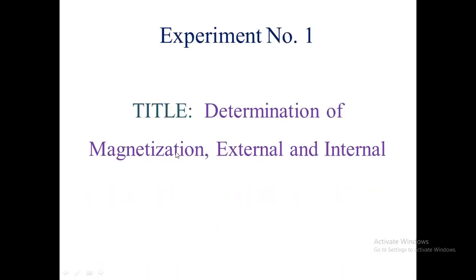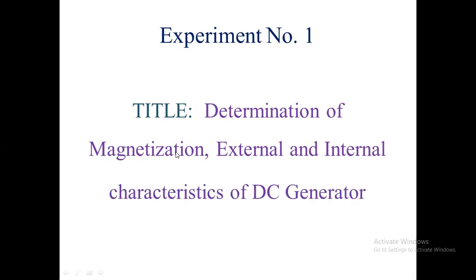Today we will discuss the first practical, experiment number 1: determination of the magnetization, external and internal characteristics of a DC generator. In the theory we have already discussed the magnetization characteristics, also called the OCC curve, open circuit curve, or no load curve.